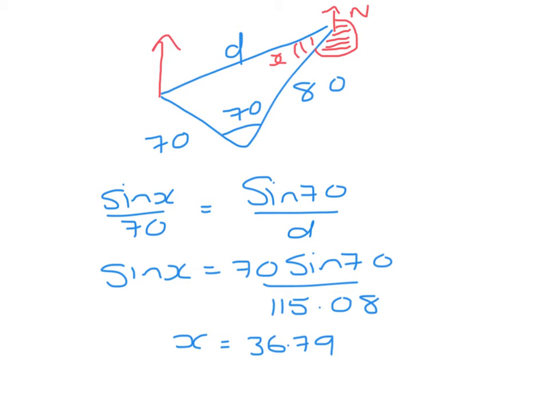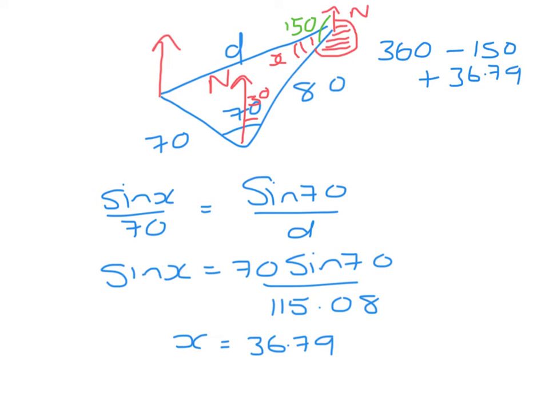We need to start working out what that angle will be now that we know what x is. We also had a north here, knew that this angle was 30, so using our U, we know that the whole angle here is 150, which means the bearing is the complete angle 360, take away 150, plus the x, which we showed was 36.79.